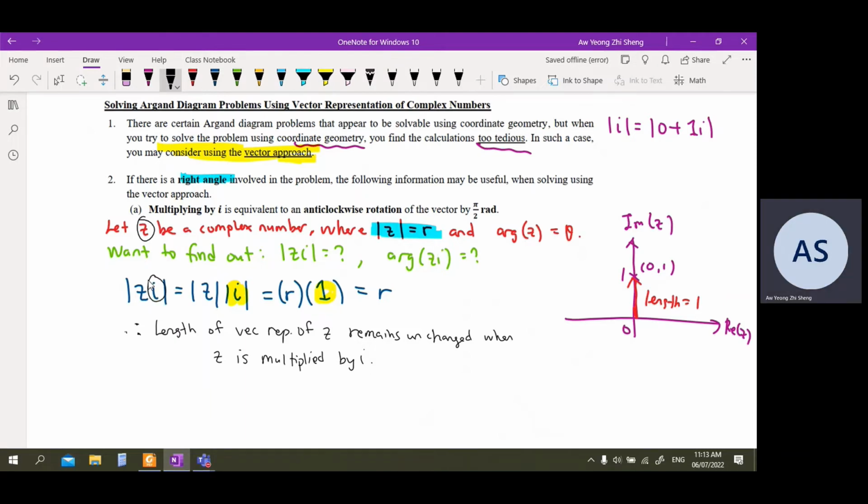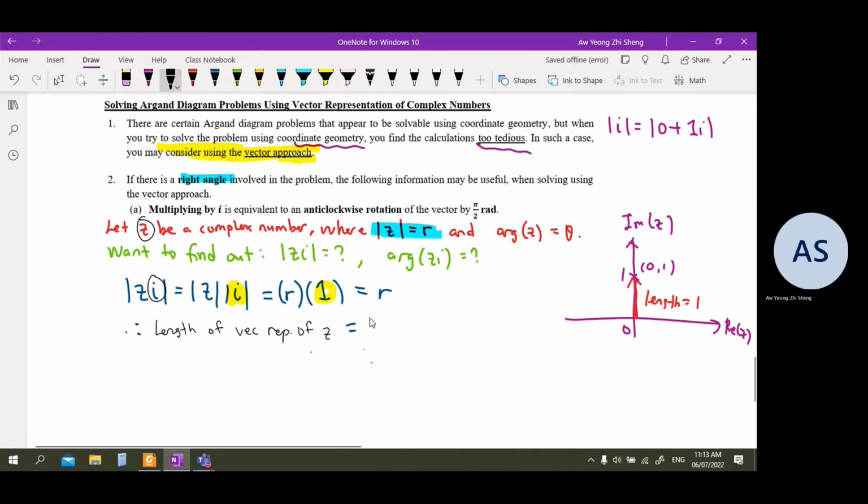Because after multiplying by i, the length of the vector representation of zi is still the same r. Or maybe to make it less confusing, the length of the vector representation of z is the same as the length of the vector representation of zi. Yeah, this sentence is less confusing. Okay.